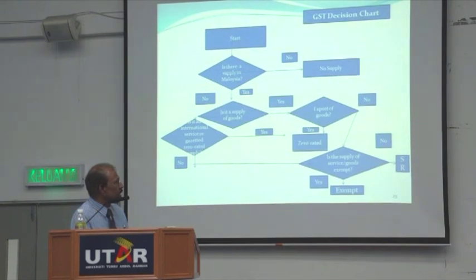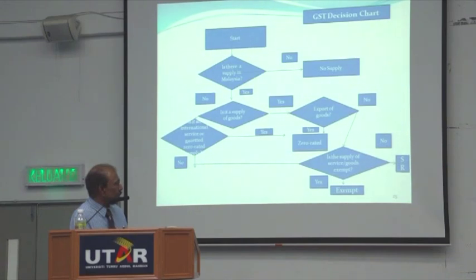If the answer is no, then no supply. If the answer is yes, then we go down to this question here. Is it a supply of goods? If the answer is yes, we go along. Is it exported? If the answer is yes, then it's zero rated. If it's no, then we come down here.